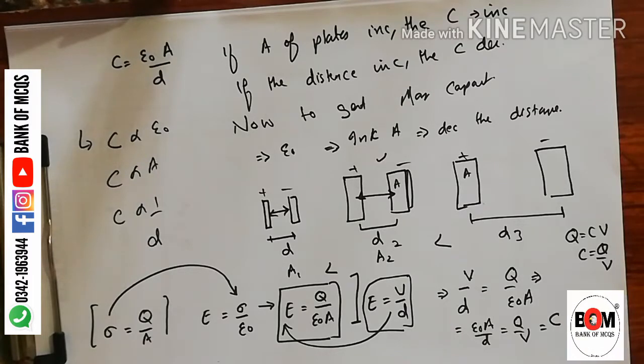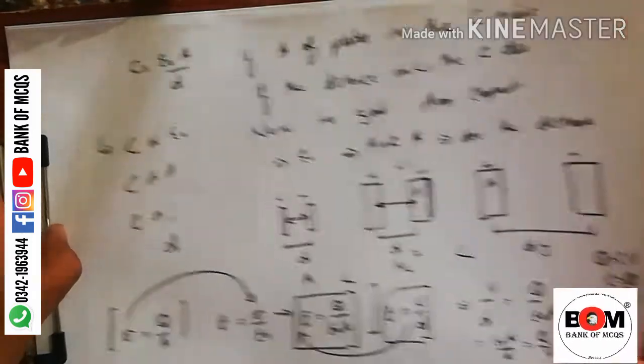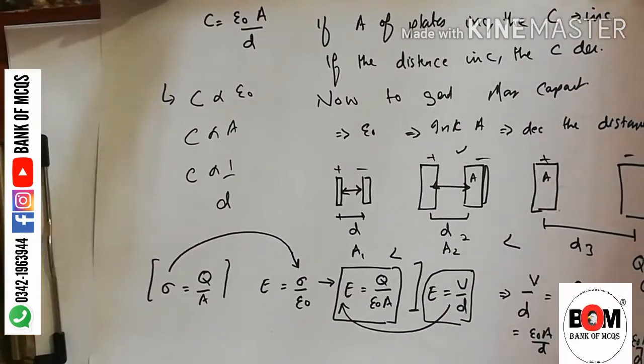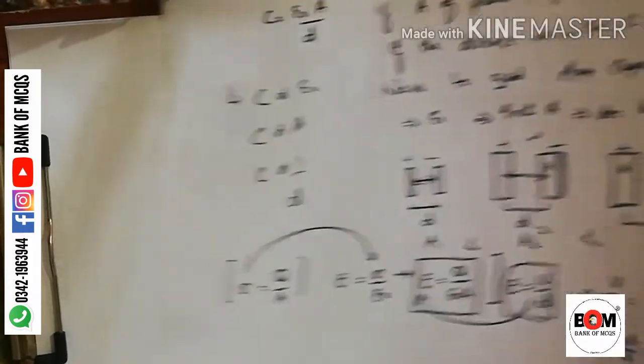Now this E naught is the permittivity of free space.